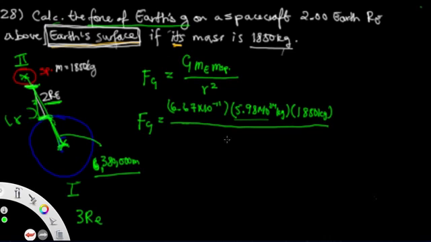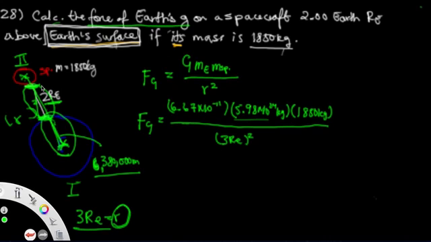Our radius is really 3 Earth radii. That's really what R is equal to, squared. So I guess we could also say 9 Earth radii if we square this 3. And once again, to clarify, this R value comes from the center of the Earth to the spacecraft, the distance they are apart from surface to surface, and because the radius of the spacecraft is so small, we don't really need it because it's negligible in the grand scheme of calculating the gravitational force.